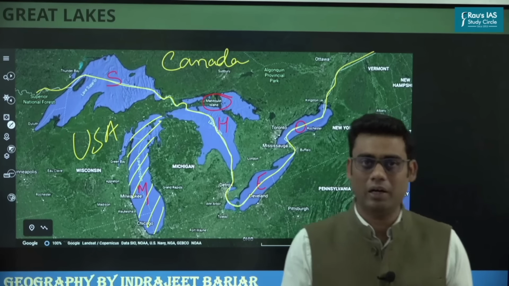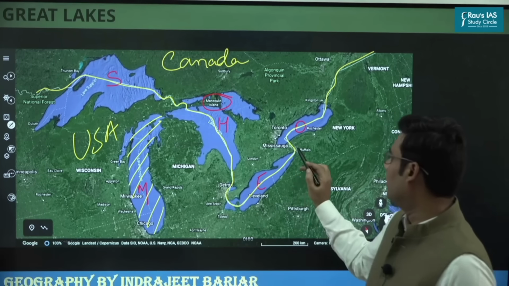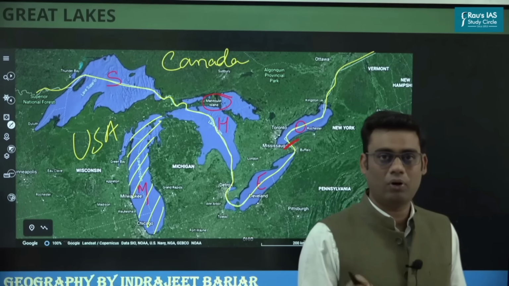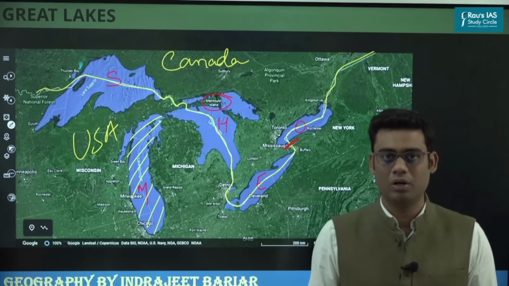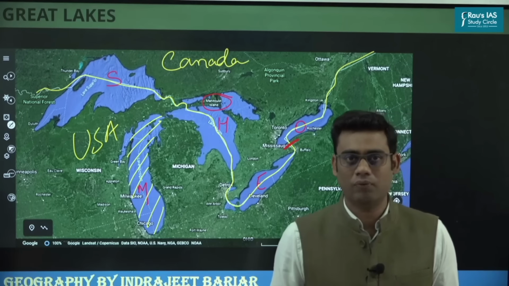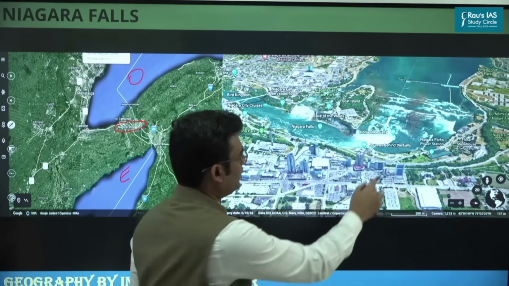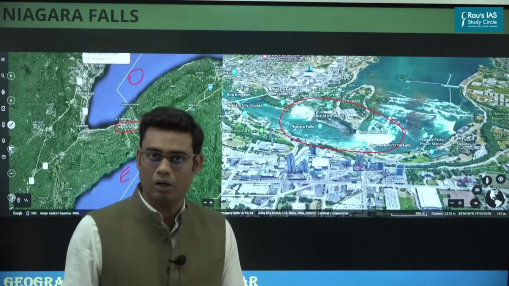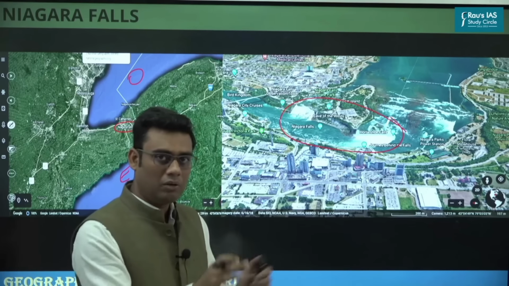Then comes Lake Erie and Lake Ontario. About Lake Erie and Lake Ontario, again a very interesting idea. Between Lake Erie and Lake Ontario, somewhere over here, I have a very important and very popular formation, which I call Niagara Falls. So you can see Lake Erie, Lake Ontario, and over here I have Niagara Falls. If you see the 3D image of Niagara Falls, it tells me that it's not just one single fall, but more than one fall.